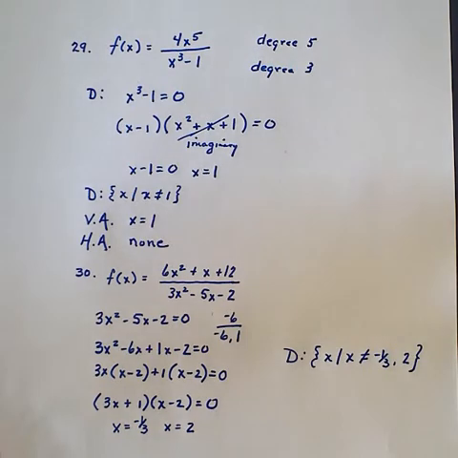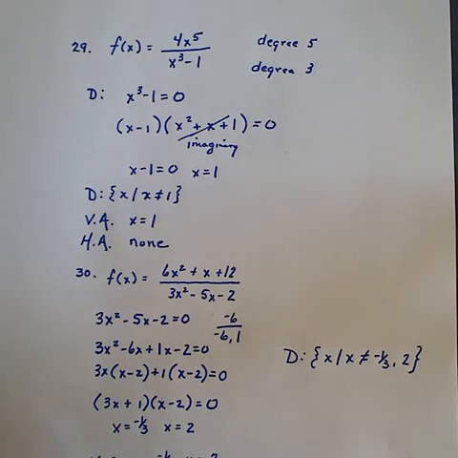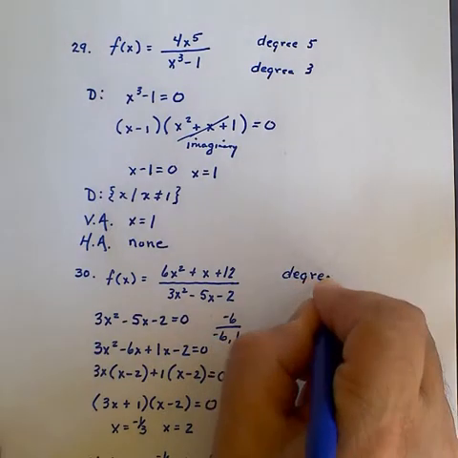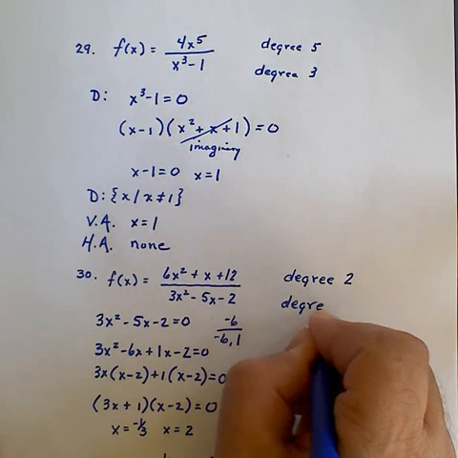So that's your domain, part A. Part B, vertical asymptotes, x equals negative 1/3 and x equals 2. And then lastly, horizontal asymptotes. Again, note the degree. The degree of the top is 2, the degree on the bottom is 2.